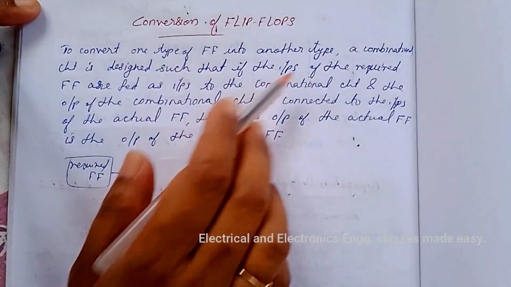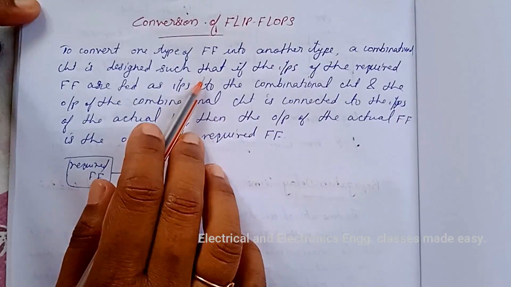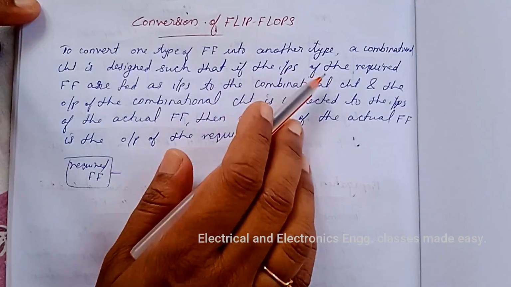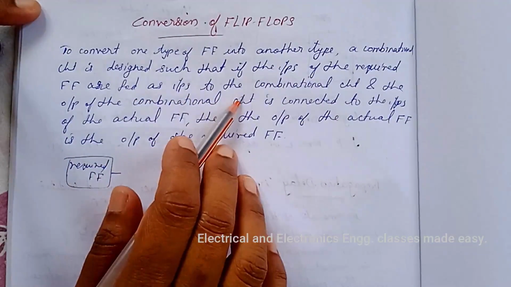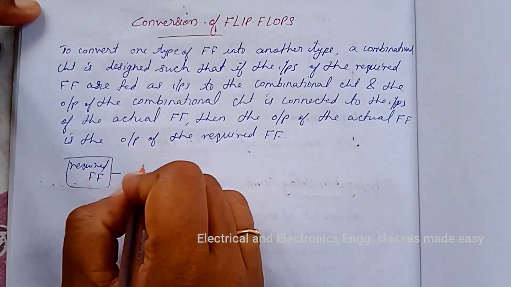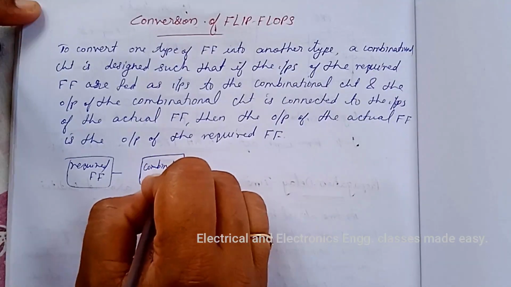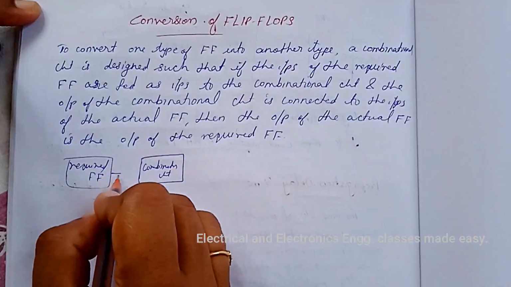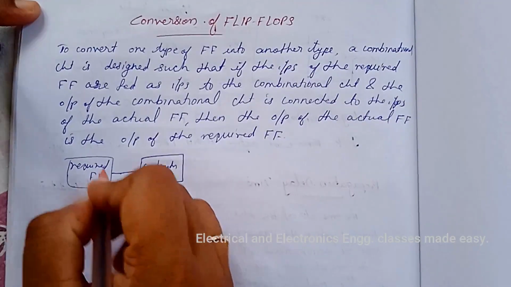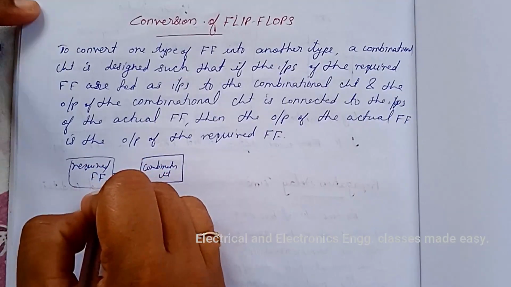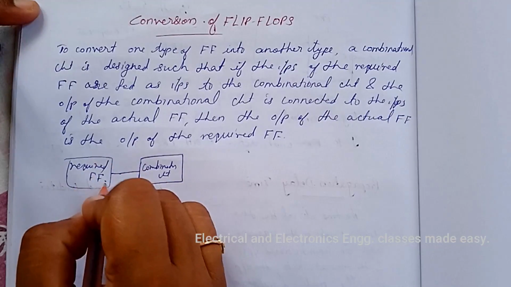So here a combinational circuit is designed such that the inputs of the required flip-flop are fed as the inputs to the combinational circuit. So there will be a combinational circuit. The required flip-flop means that is the required input.